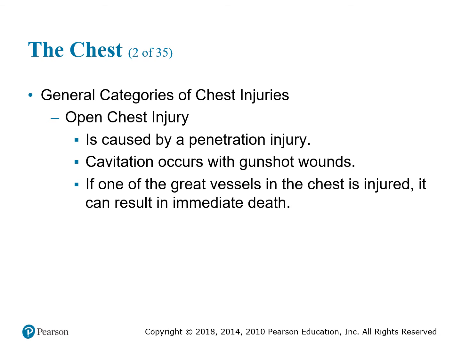Okay, now if one of the great vessels in the chest is injured, it can result in immediate death. So if we're having an injury to the aorta or inferior vena cava, remember that vessels are organs. There's a trick question on one of your exams, so be on the lookout for it. It asks which organ, if injured, will cause rapid death, and vena cava is an option, and liver is an option.